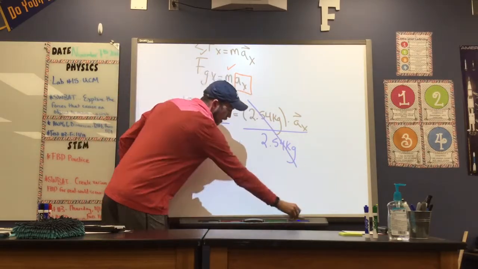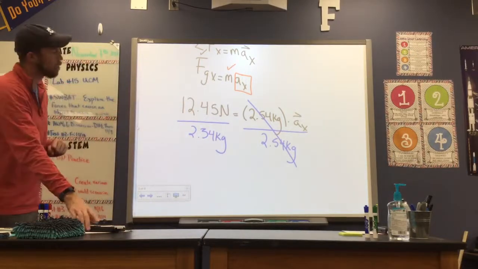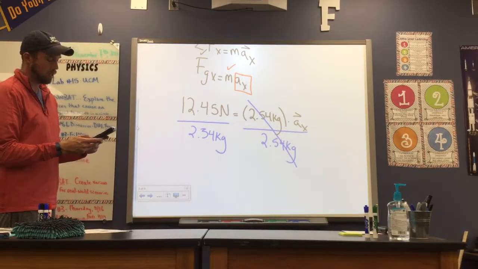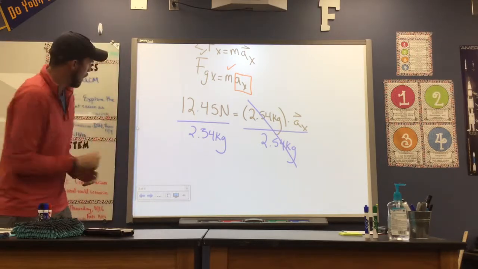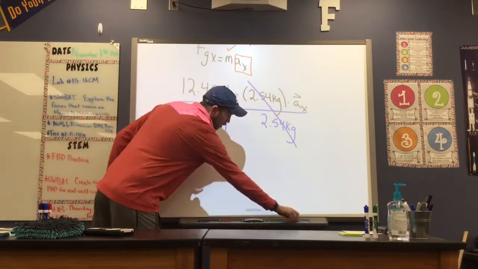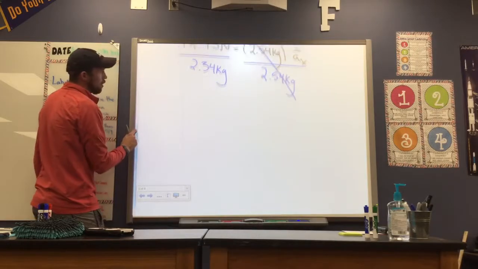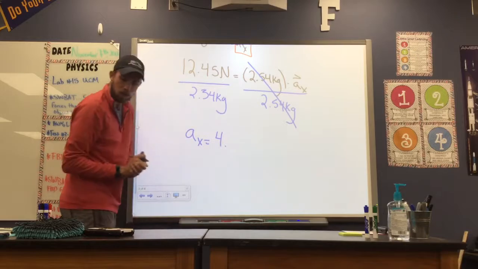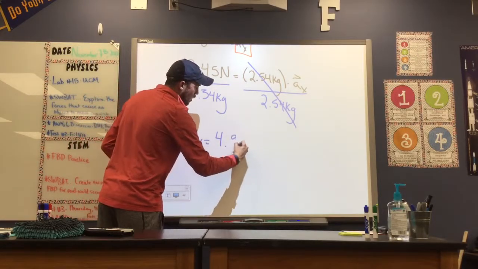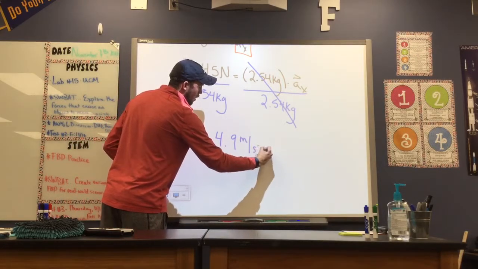This value will cancel out. I'm going to plug in what's on the left side, 12.45 newtons divided by 2.54 kilograms. That's going to leave me with my acceleration in the x direction of approximately 4.9 meters per second squared.